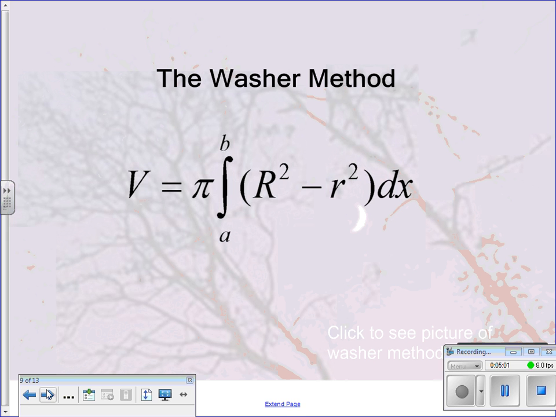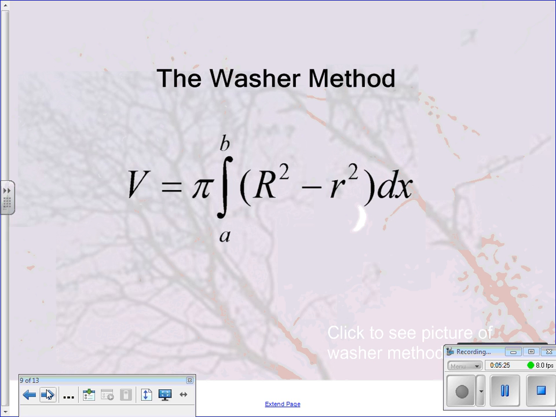In order to find the volume of a washer, we've got 3 integrals now for volumes: one for slicing, one for a disc, and one for a washer. We took that volume of that washer, factored out pi, and the dx is the height factored out.